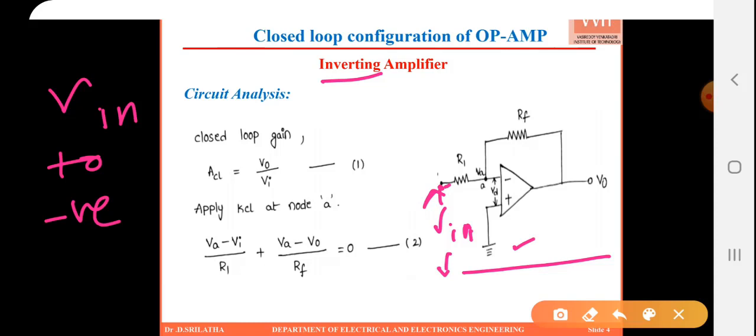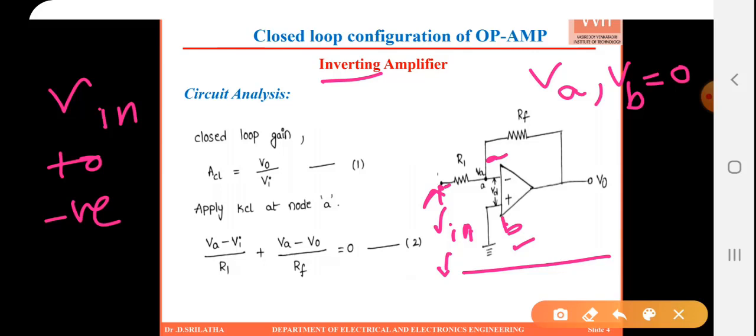Let us name the two terminals A and B. VA is the voltage at node A, and VB is equal to 0 because point B is directly grounded.